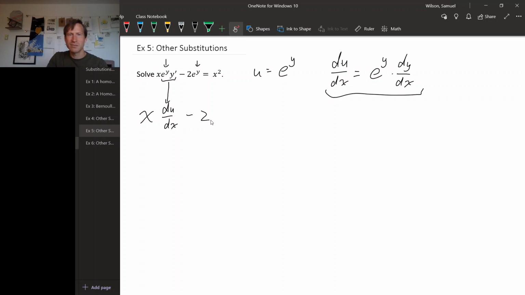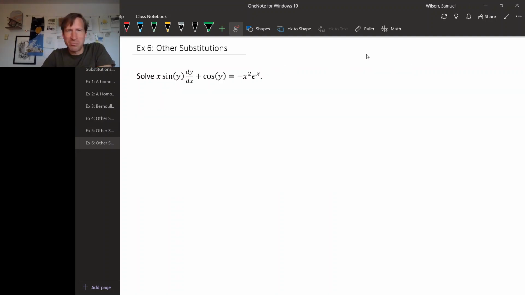Minus 2 times e to the y, but e to the y is just u, so that's 2 times u, equals x squared. Now that we have it written this way, the resulting equation is linear, and we know how to solve linear equations. So if you want to know how this works out, feel free to finish solving it, but since we know how to solve linear equations, in principle, this is solved.